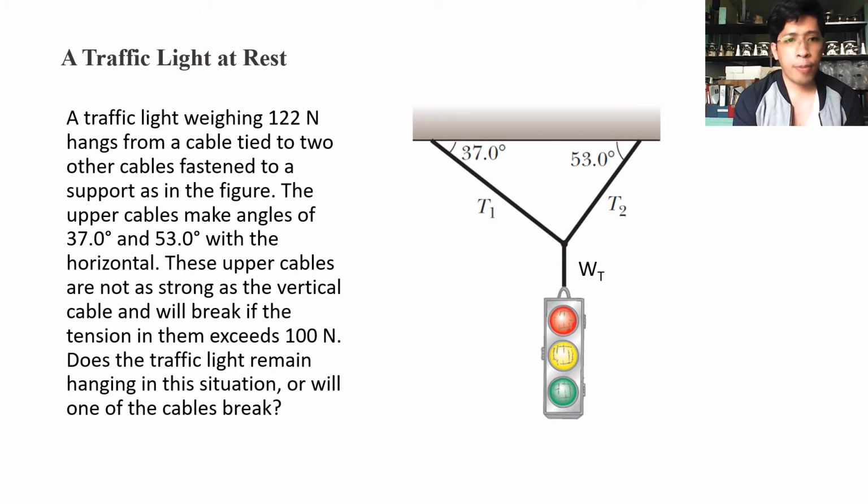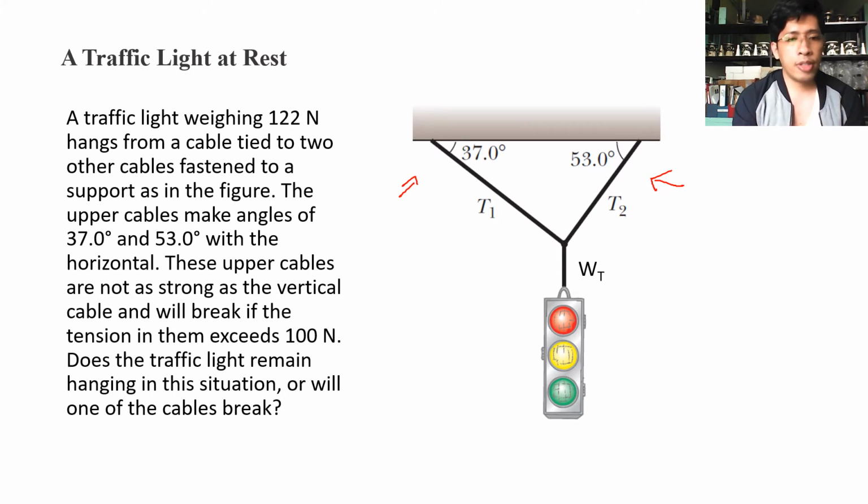The upper cables make angles of 37 degrees and 53 degrees with the horizontal. So you have one cable at 37 degrees from the horizontal, and another cable at 53 degrees from the horizontal.